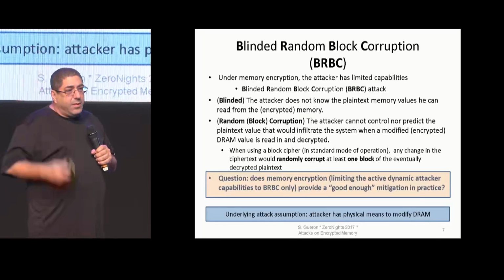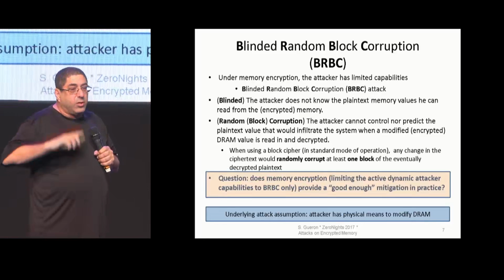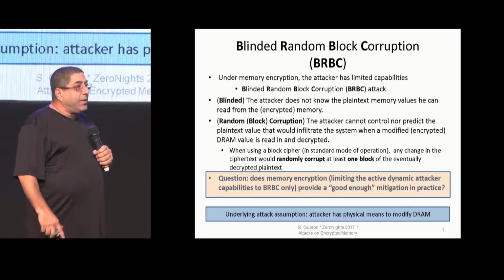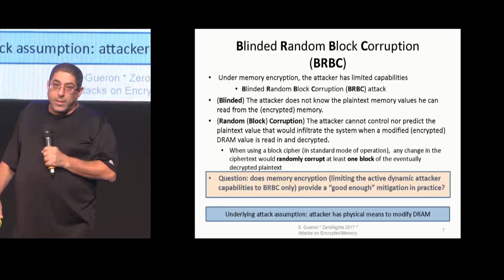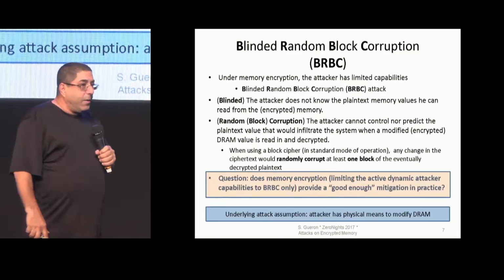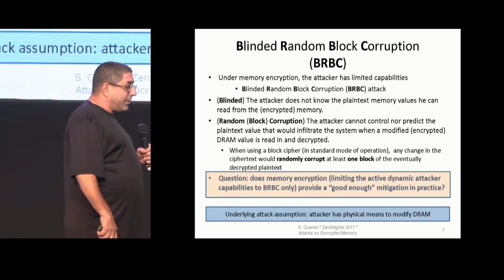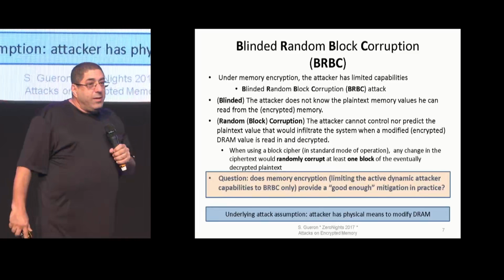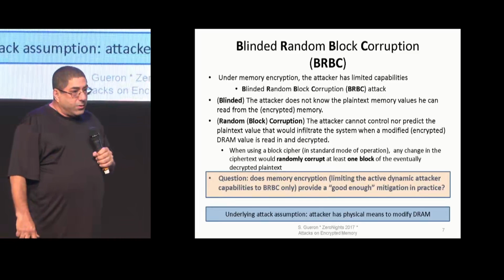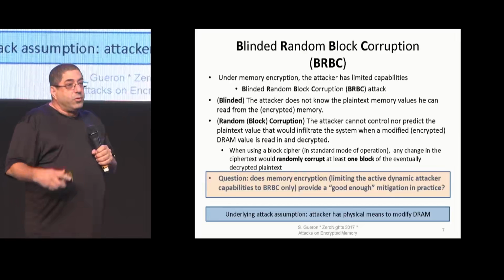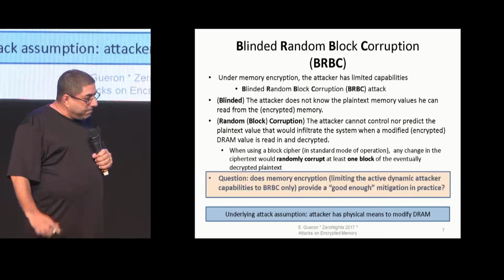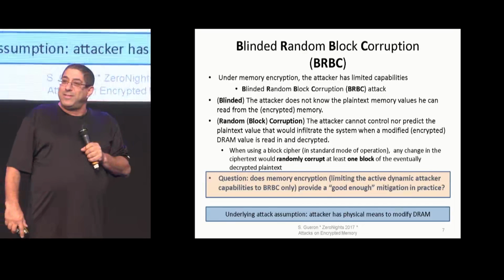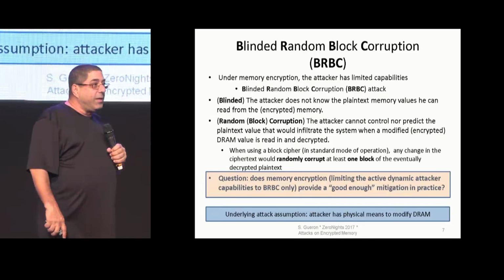Of course, privacy is protected, because everything that goes out to the DRAM and can be read silently is going to be protected. So maybe, hopefully, this is a good way to protect a system without paying a lot of overhead, a lot of cost, and a lot of latency for doing encryption with authentication and with replay. So what do you think is the answer? Is it a good enough mitigation?